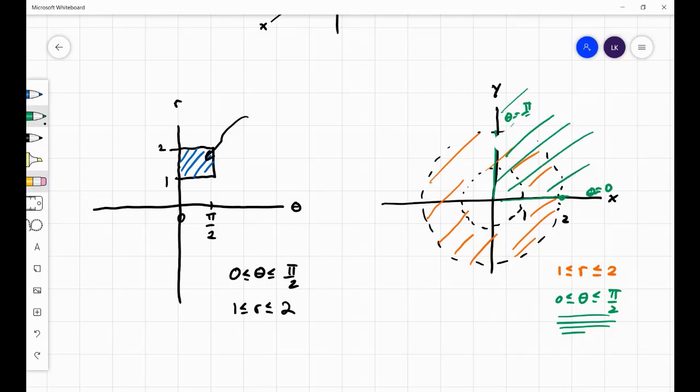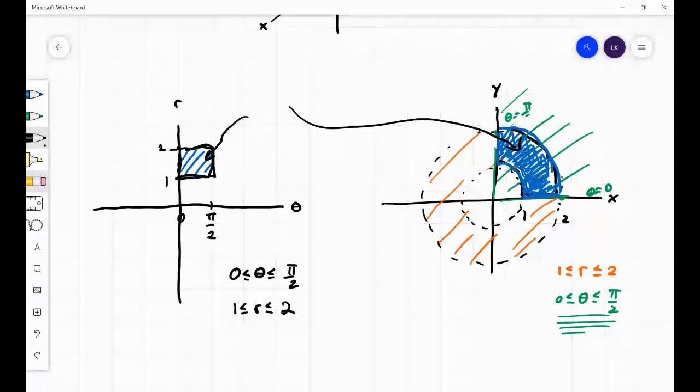But putting those two together, we see that the region that satisfies both is just a quarter of that angular region in the first quadrant. So the region in the xy plane corresponding to this rectangle in the theta r plane is that quarter of a washer.